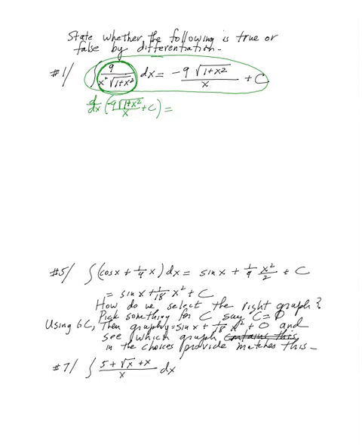Okay, constant multiple rule, the negative 9 can come out front. Derivative of a constant is 0. Now, I'm going to need a quotient rule. So that's the bottom times the derivative of the top.